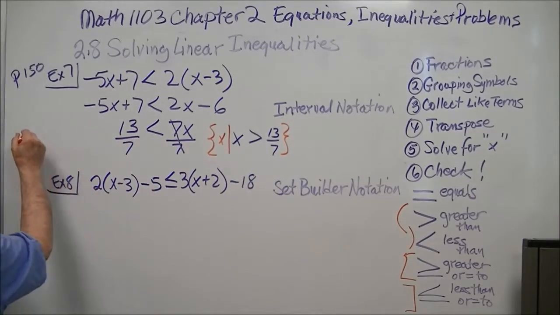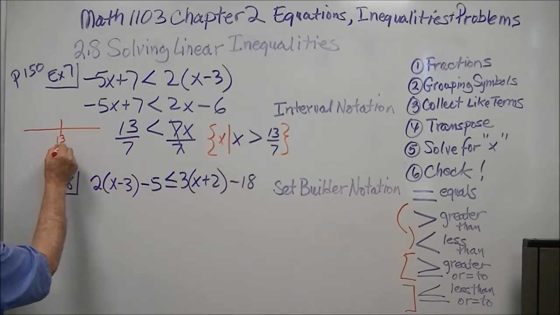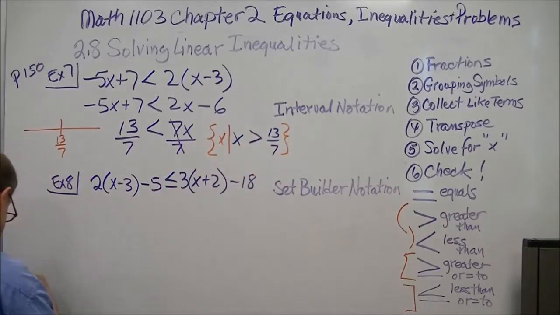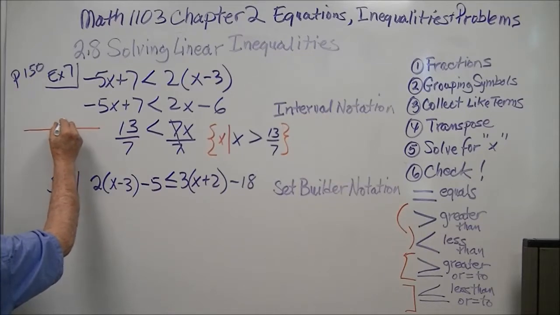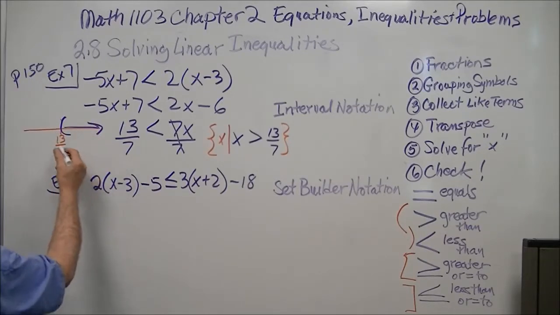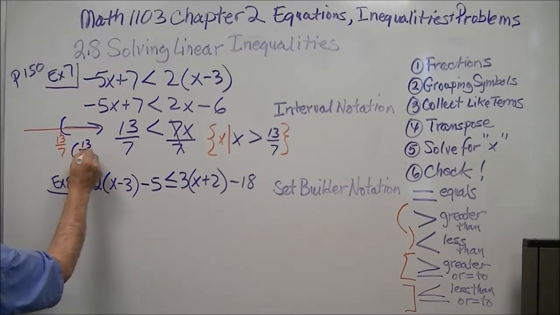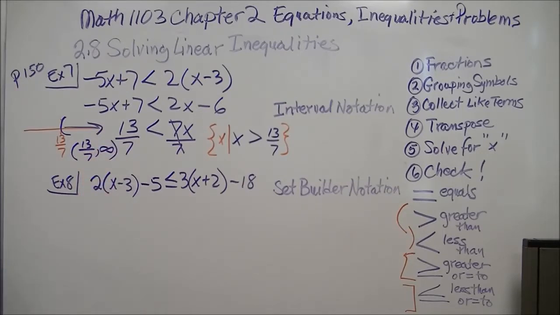For the graph of this, our number is 13 sevenths, and our sign will be a parenthesis facing toward the right. So interval notation will be parenthesis 13 sevenths, comma, positive infinity. In number 8, it's just a little bit more. We'll clear parentheses first.